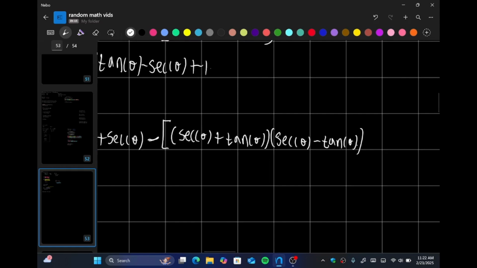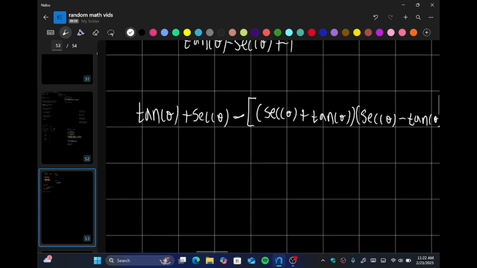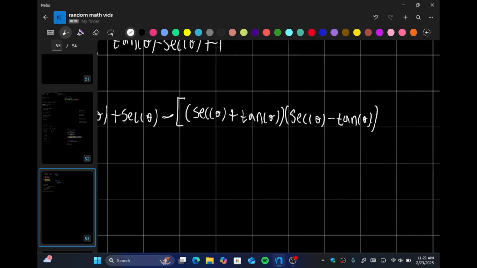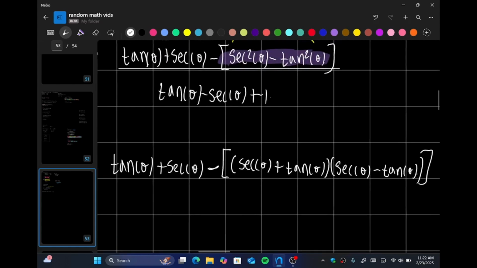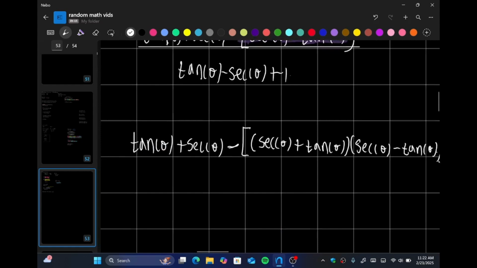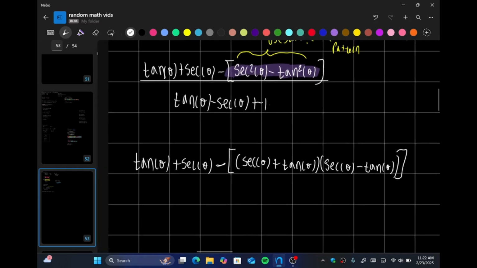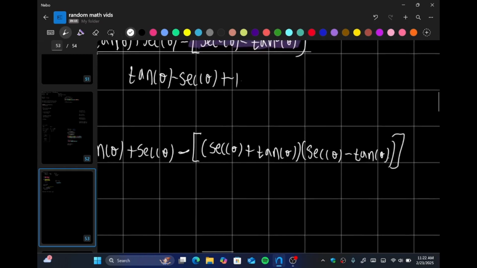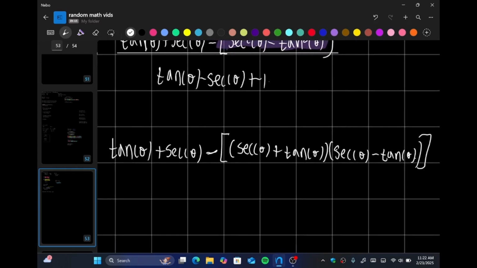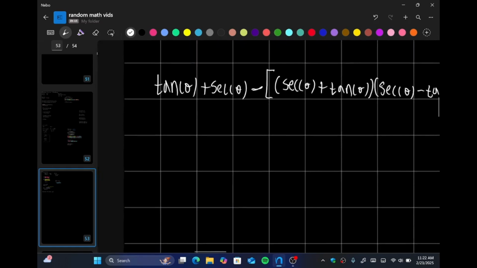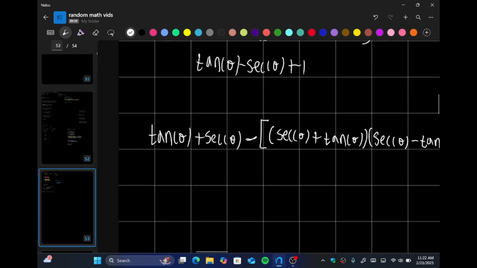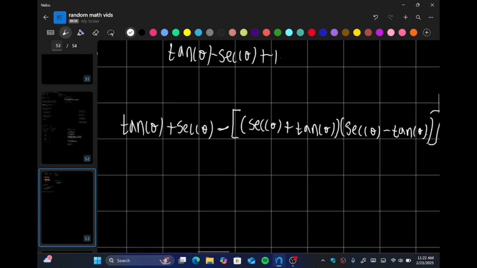Okay. Now at this point, guys, what we want to do is take out, so I know that on the bottom it stays the same, right?